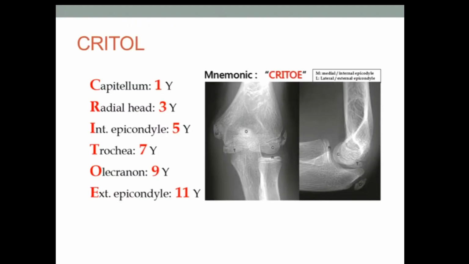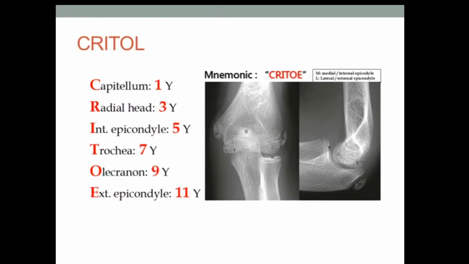This clearly is not an absolute in terms of the ages or the order, but it does allow you to know that when you're looking at a 5-year-old's x-ray, you can expect to see the first three: the capitellum, the radial head, and potentially the medial epicondyle.